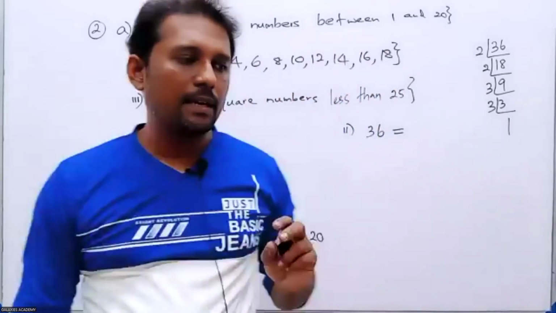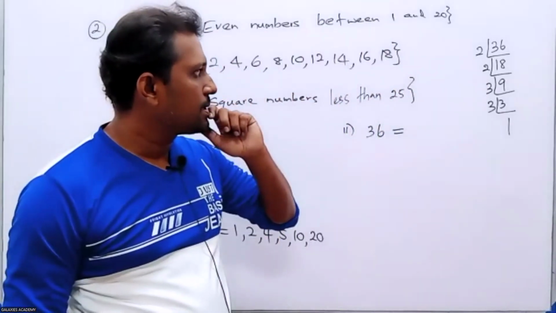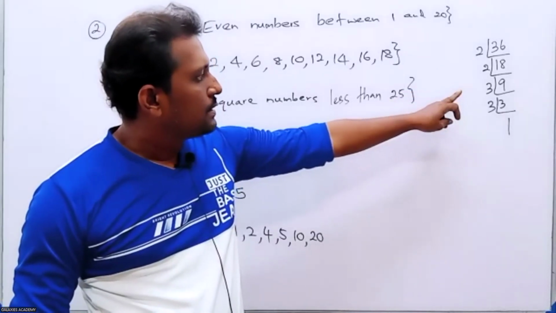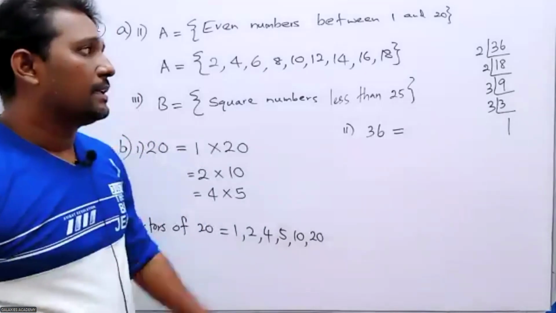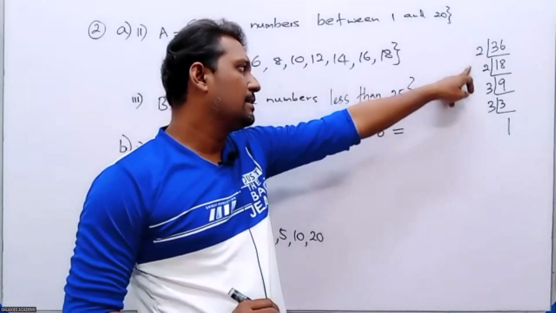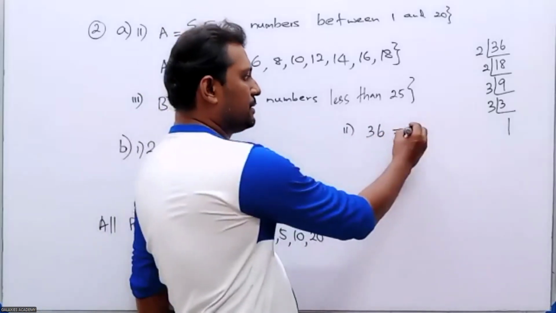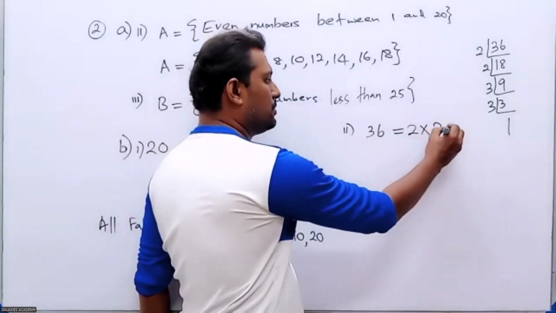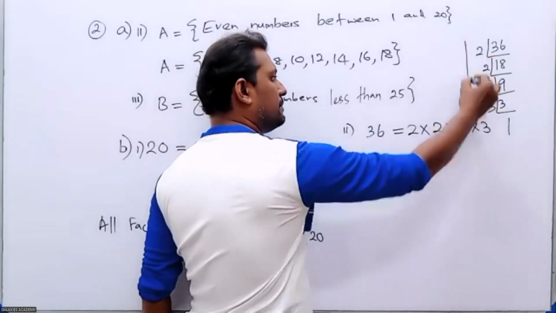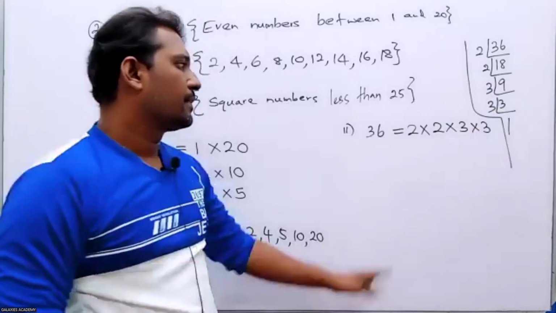Right? So how can you write 36? Is it correct or incorrect? Correct, no? Right. Then how can you write 36 as the product of prime numbers? You have to write these numbers as a product: 2 multiply 2 multiply 3 multiply 3. Right?